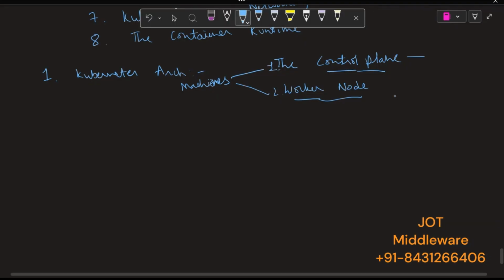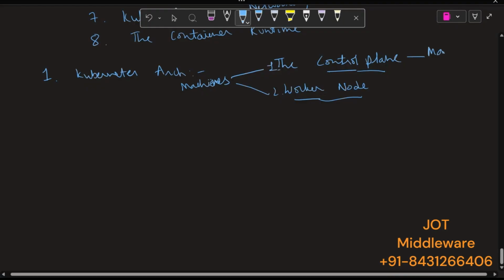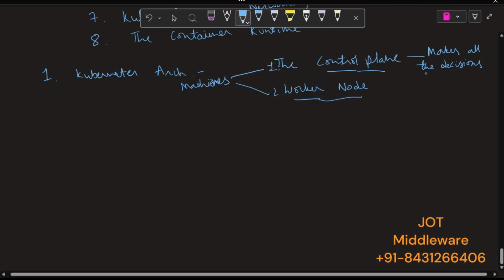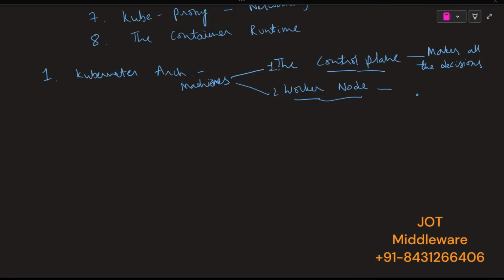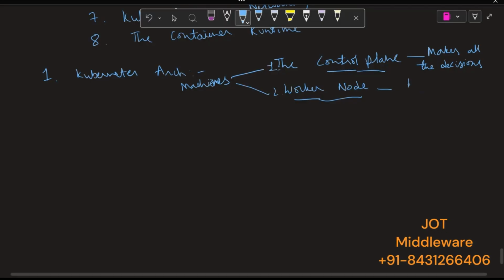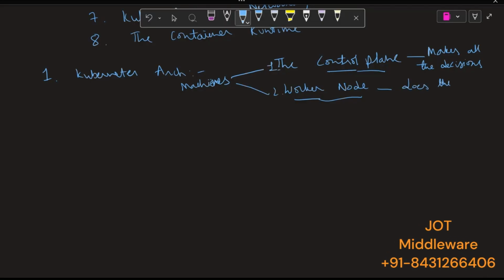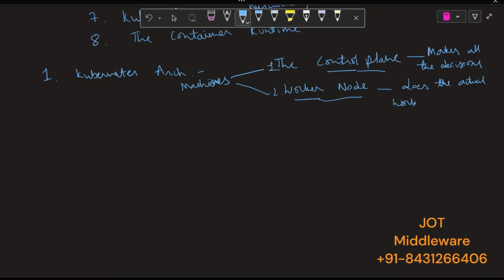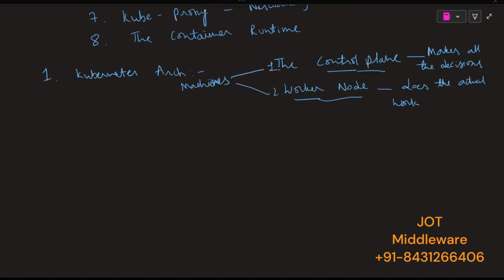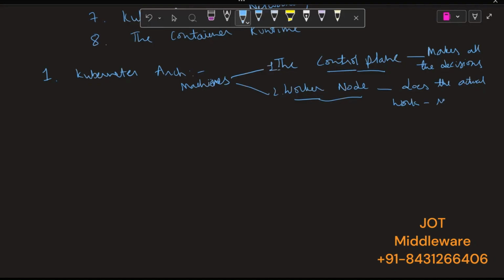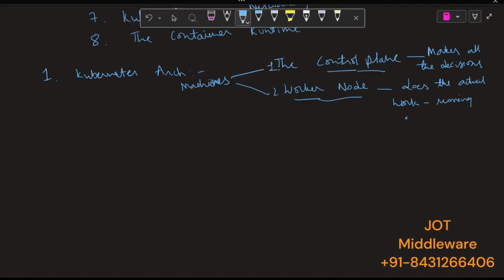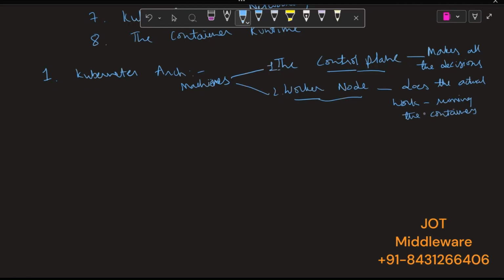So the control plane makes all the decisions, and the worker does the actual work, meaning running the container. This is important.